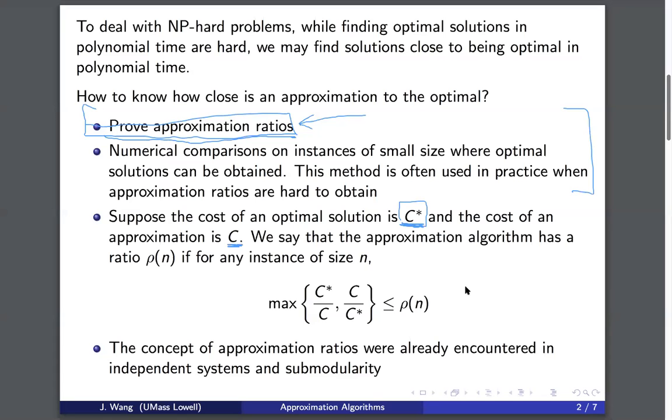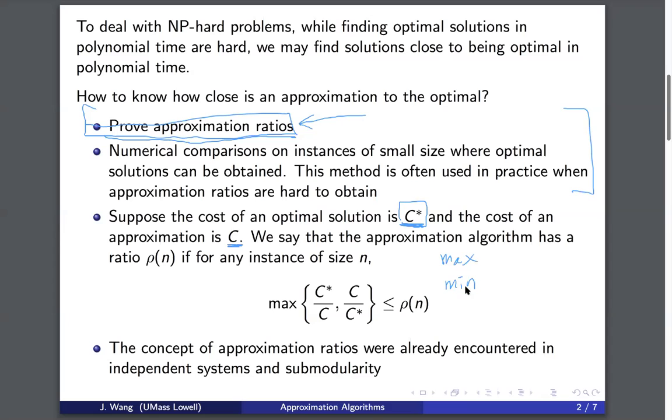inputs. Okay, so then we say that the approximation algorithm has a ratio rho of n if for any instance of size n, the maximum of C star over C and C over C star is bounded above by rho of n. So for the optimal solution, we have a maximization or minimization.